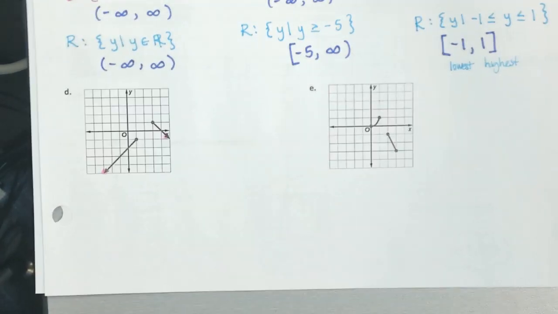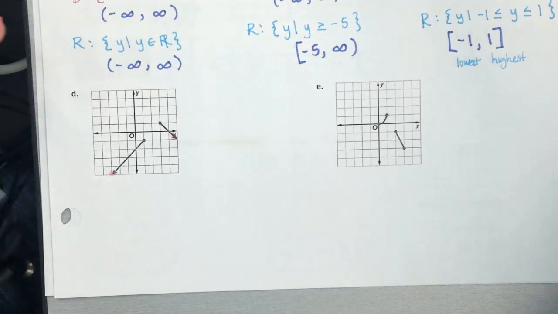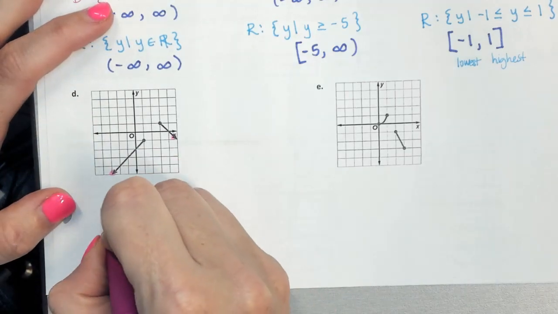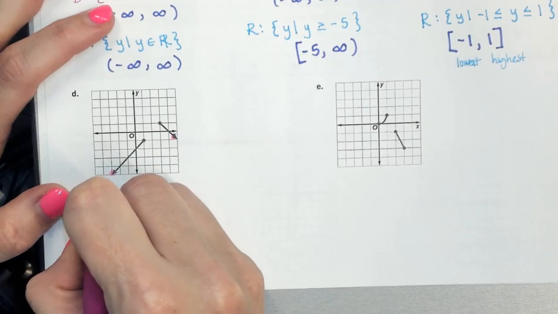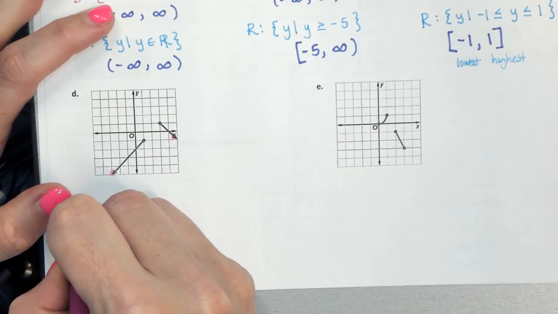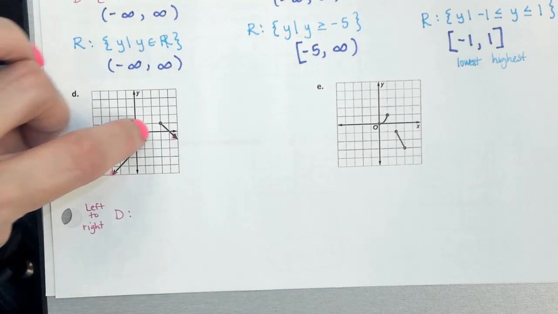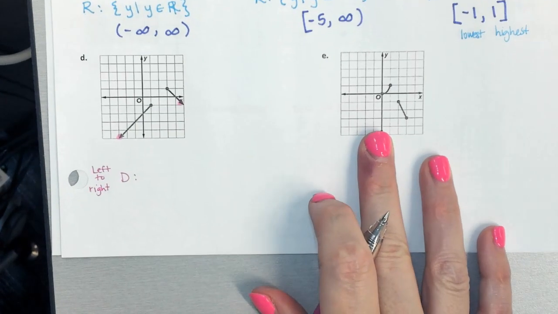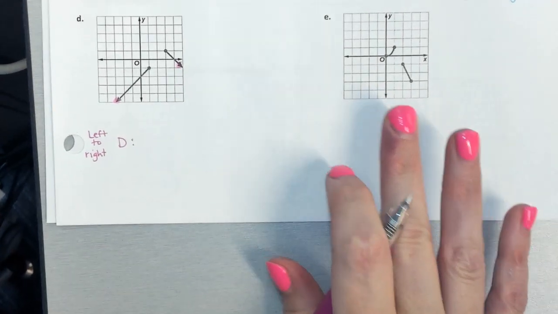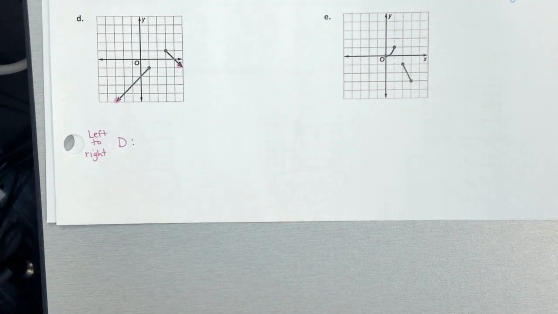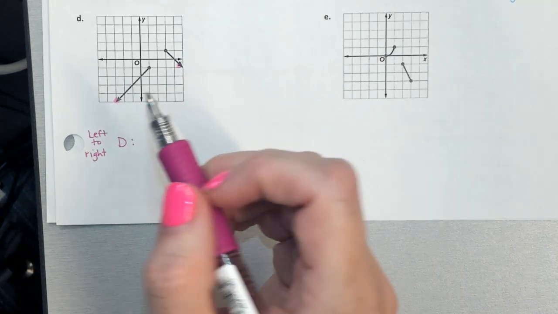So when you are doing your domain, it is always left to right. We already talked about how this is not going to be all real numbers because it's neither discrete nor continuous. So what we are going to do is we are just going to go from left to right and find where those bounds are.